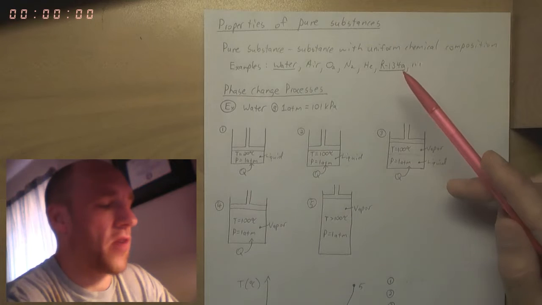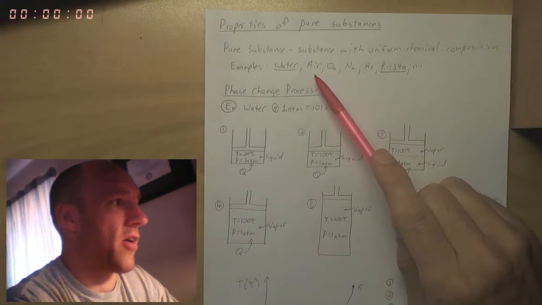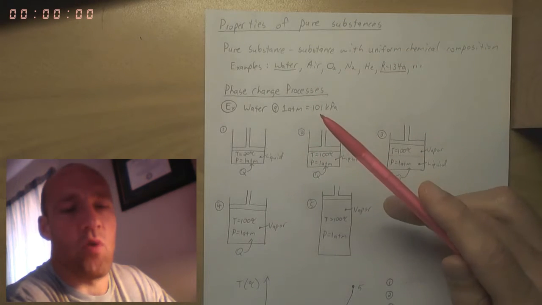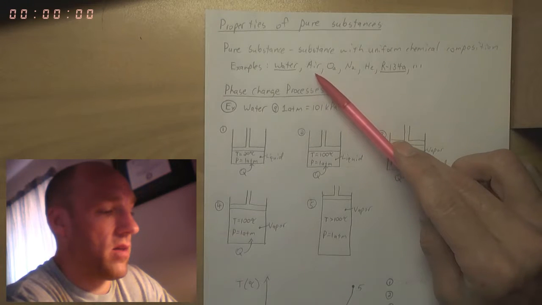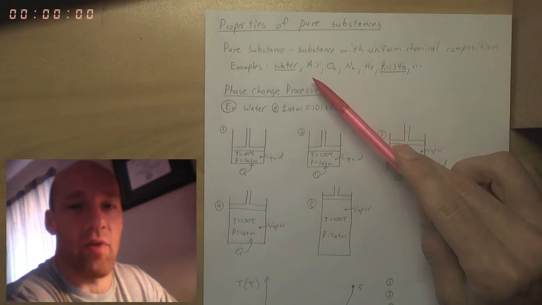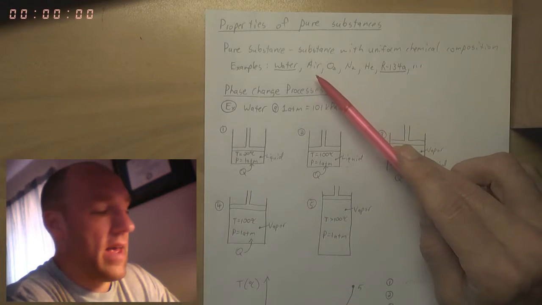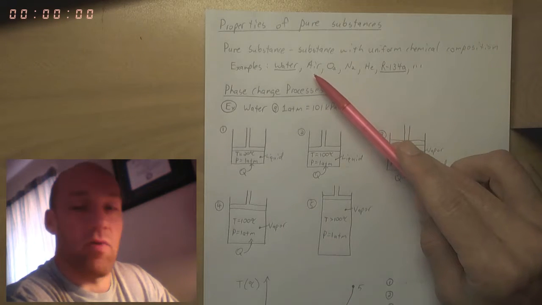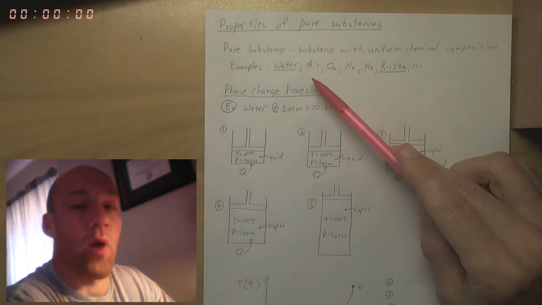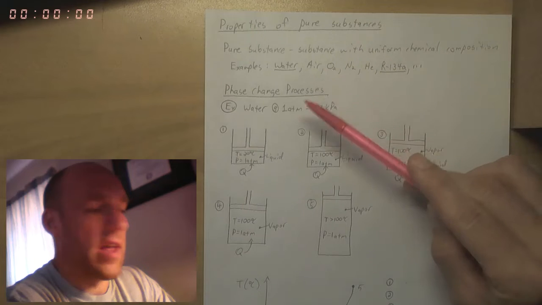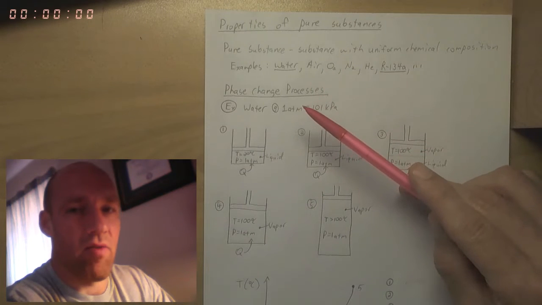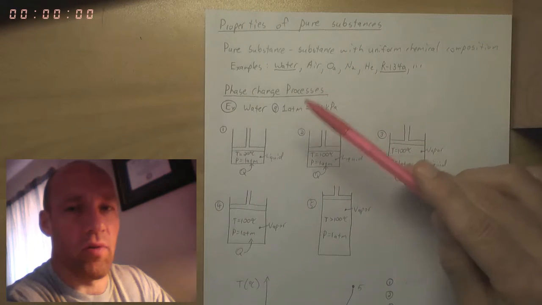There are some special mixtures such as air, which is so ubiquitous that we treat it as if it's a pure substance, and this is a good approximation as long as we don't get down towards where the individual mixing gases could start to segregate.